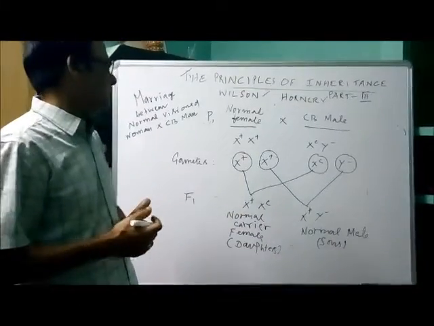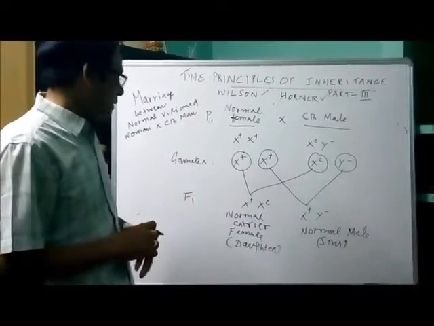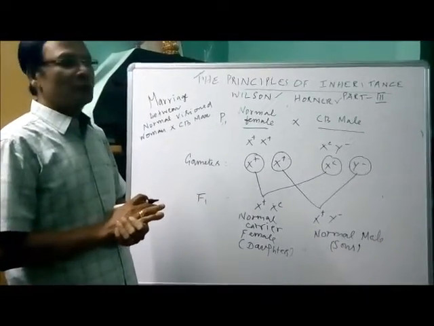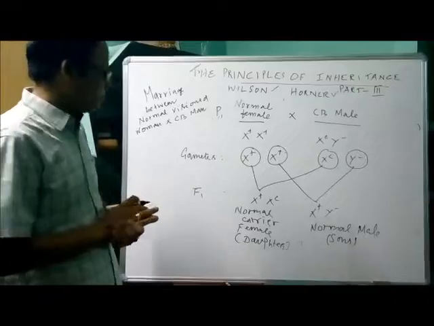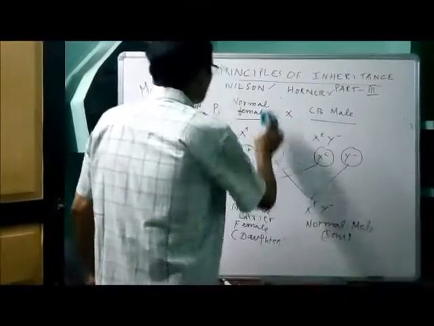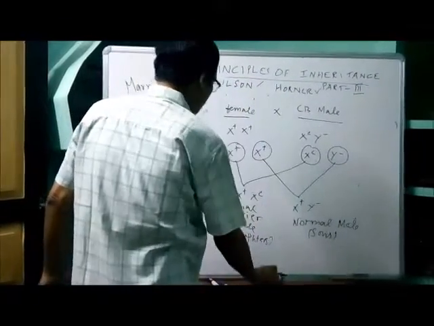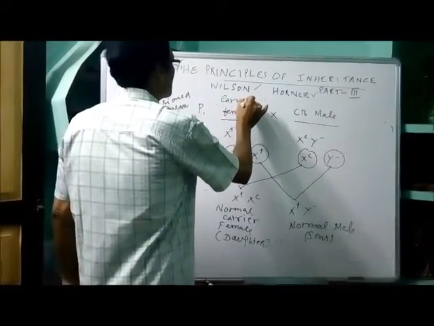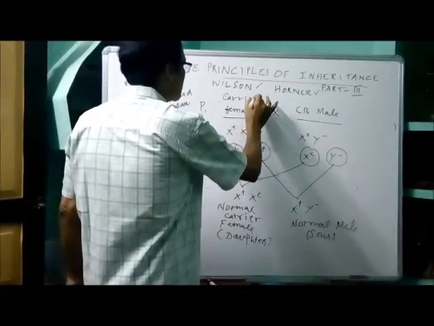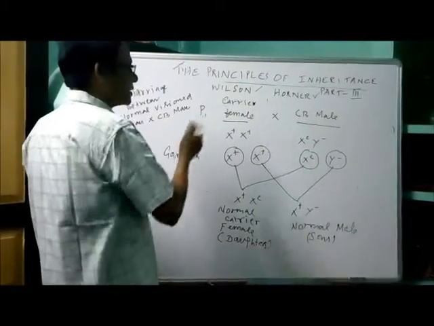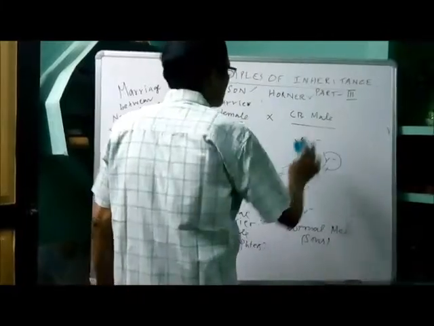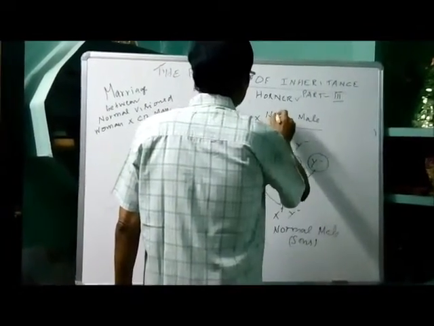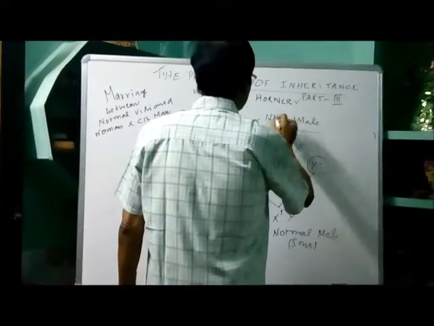We will see the next example. Now, we are getting a carrier female and a normal male. Suppose a marriage occurs with a carrier female, to get the F2 generation, the next generation: carrier female and normal male.